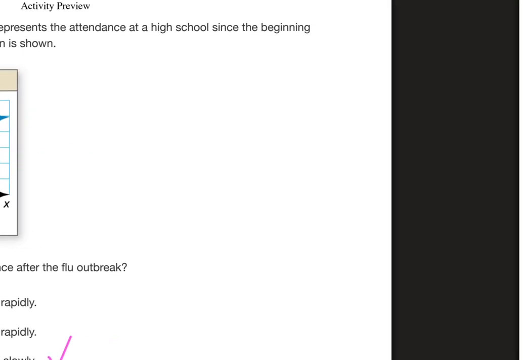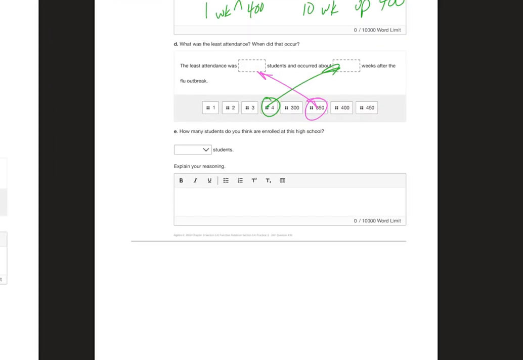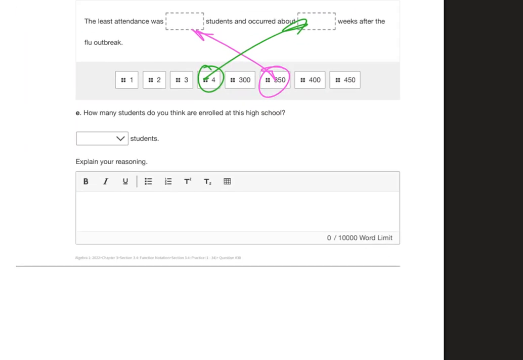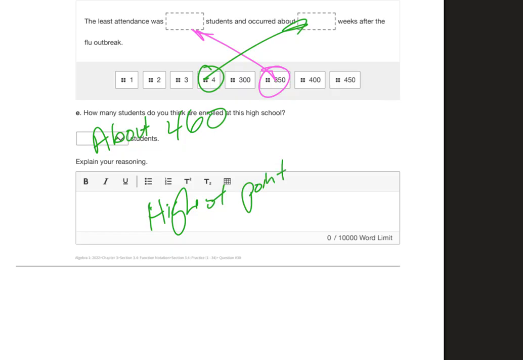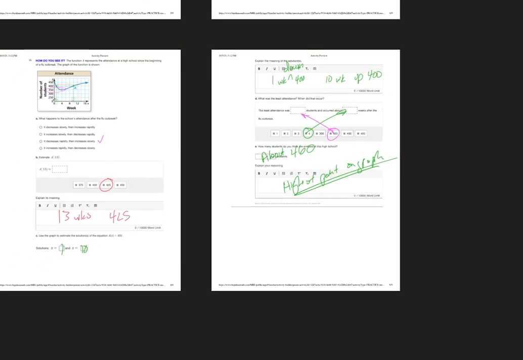So maybe 460. Do we have answer choices? Let me scroll on my thing. Okay, yeah, I see that about 460 is an answer choice. And if we explain it, it's basically the highest point on the graph. We have to estimate because it doesn't give us a perfect answer.